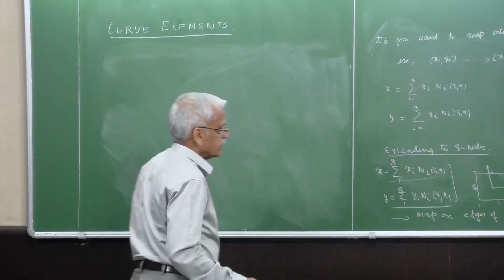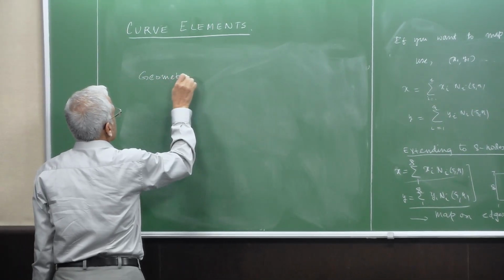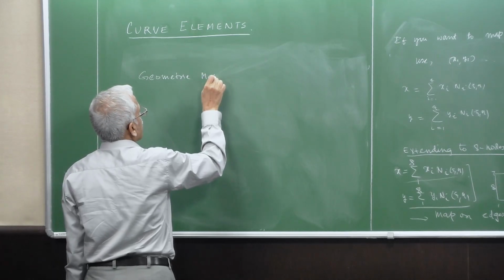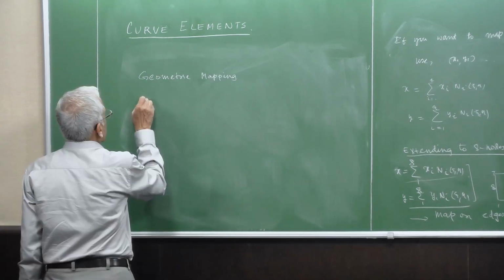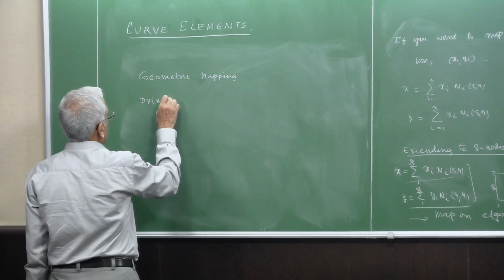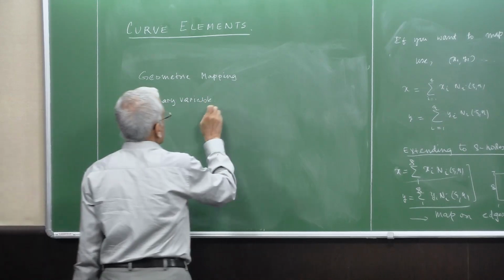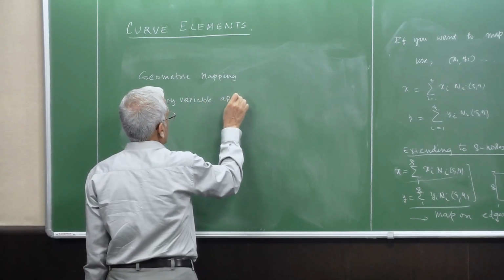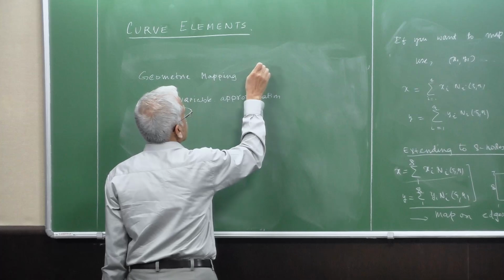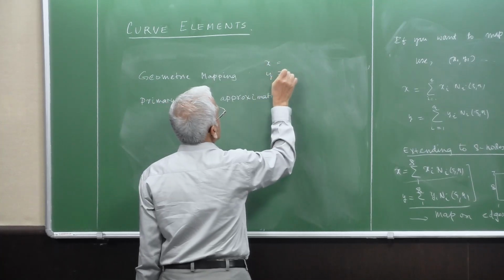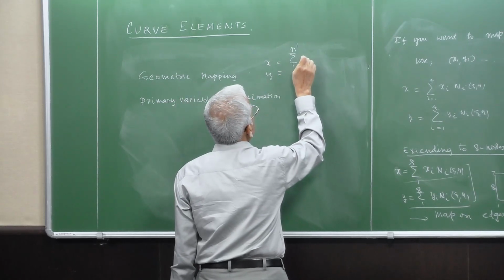So let us see, there's a geometric representation, geometric mapping, and the variable representation, the primary variable phi approximation. So here, let us say we are using x and y, 1, 2, let us say we'll separate out these ones.